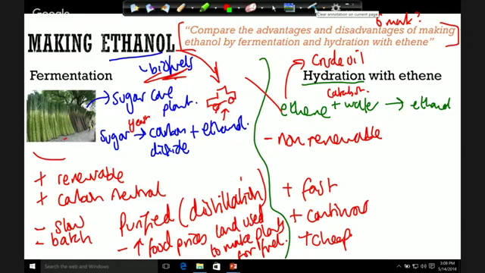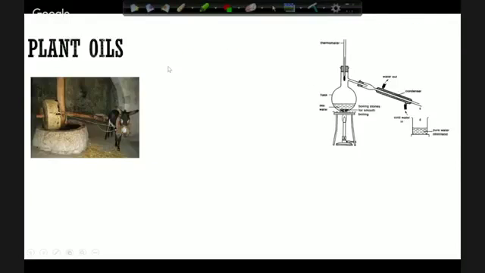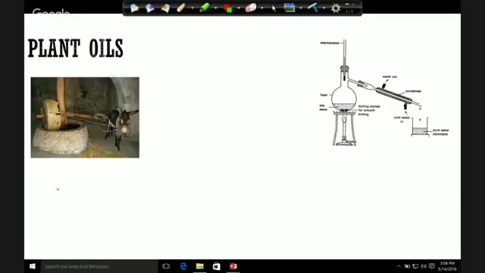So I'm going to move on now to talk about plant oils. And this is a really old picture of a donkey pulling around a heavy piece of concrete to allow plant oils to be extracted from bits of plant. So plants such as olives, for example, have big stores of oil in them.